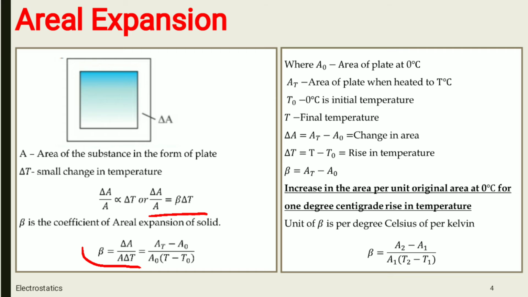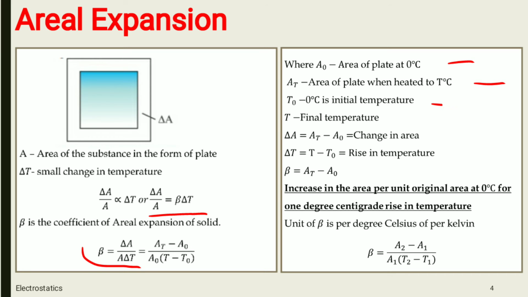And instead of delta A and delta T, we can write AT minus A0 divided by A0 in bracket T minus T0. So here A0 is what? Area of the plate at 0 degrees Celsius. AT is the area of the plate when it is heated to T degrees Celsius.